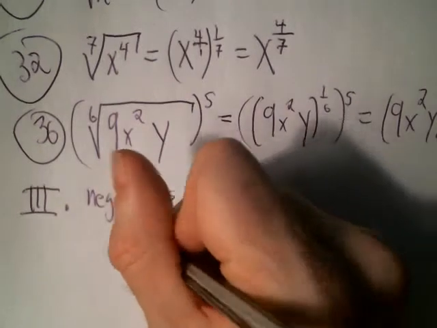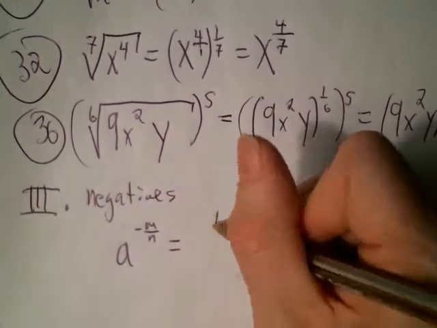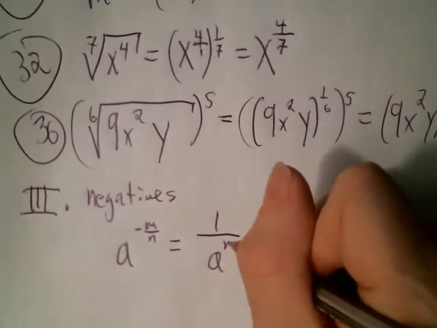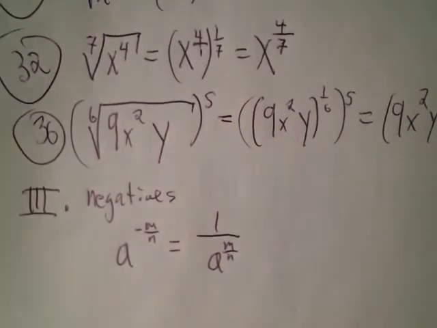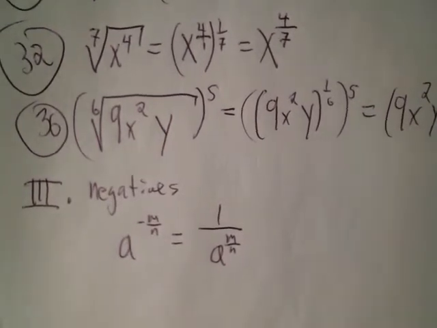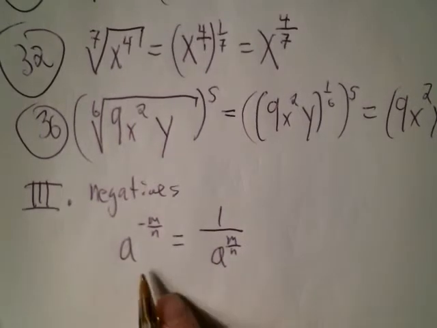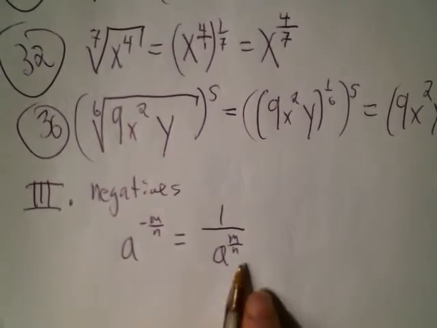If you have then a to the negative m over n, that's going to be the same as 1 all over a to the m over n. If you look back in your book or in your notes from your previous classes, you'll see that's the general rule for negative exponents. You just kind of put it in the denominator and change the sign of the exponent.